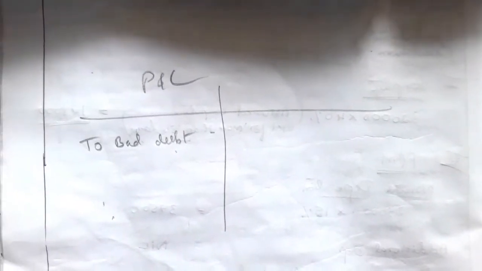Suppose the business has given goods as a debt, and because of the insolvency of that supplier, they are not going to get the debt back. So the debt becomes bad. The business thinks that the debt amount will not be recovered because the supplier is in loss.